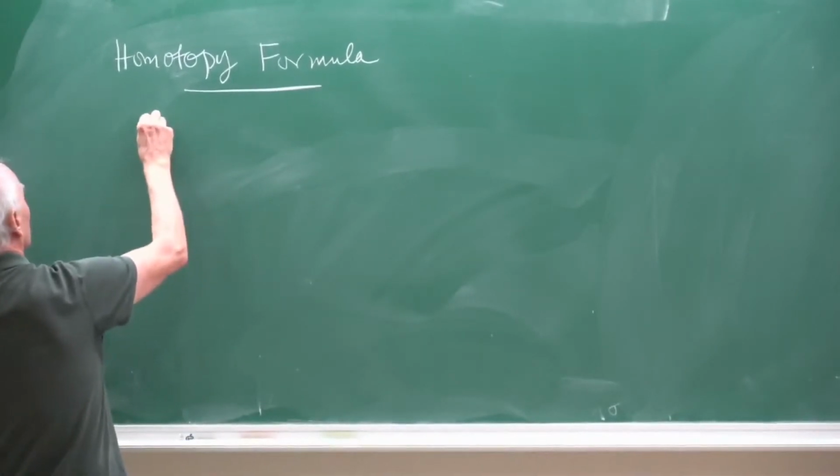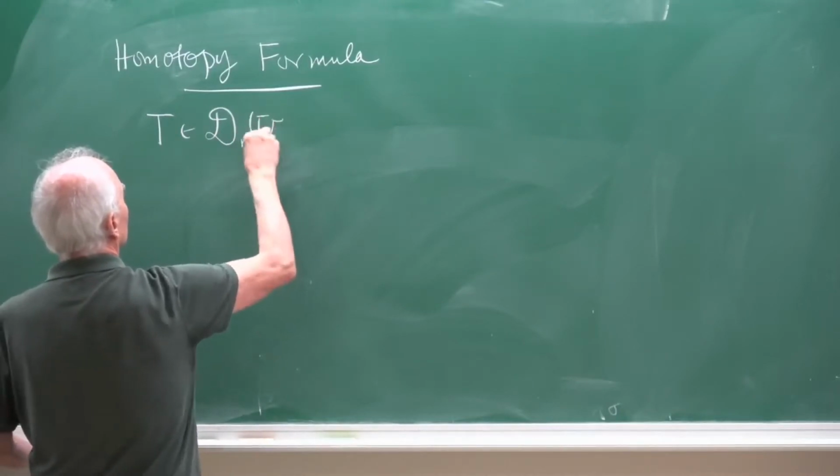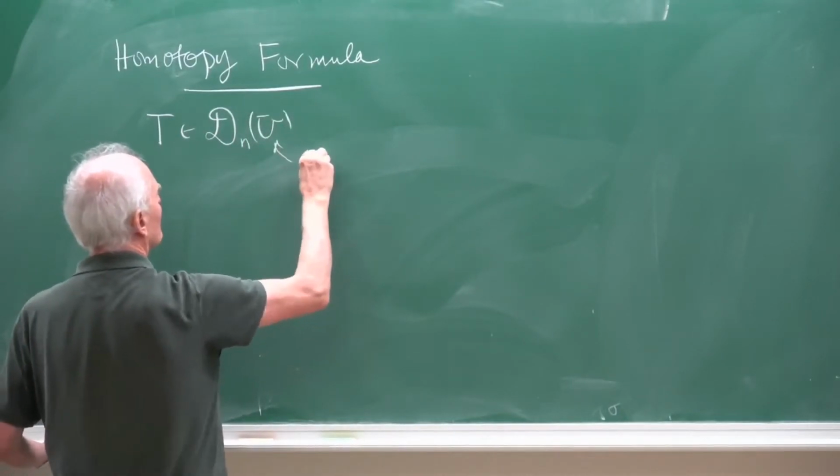You take a current T in D of U, where U is open in R^p.